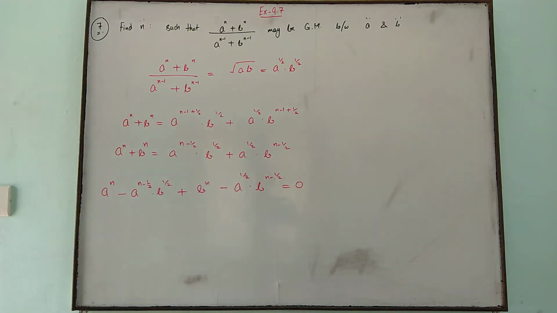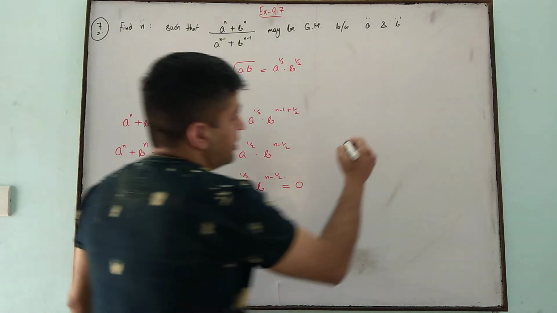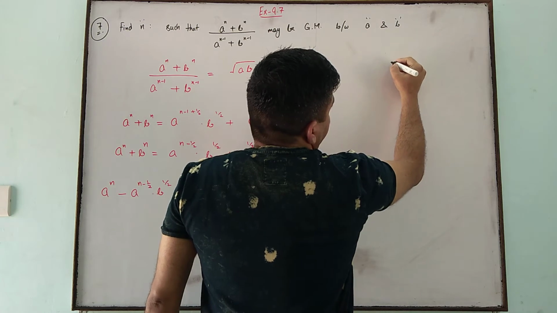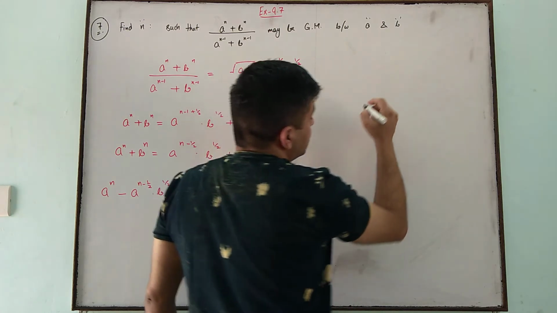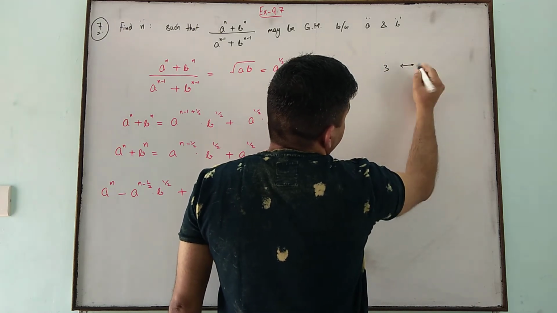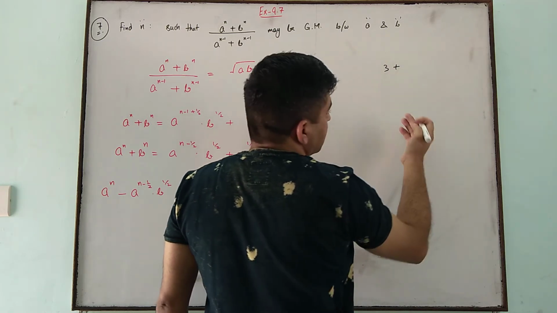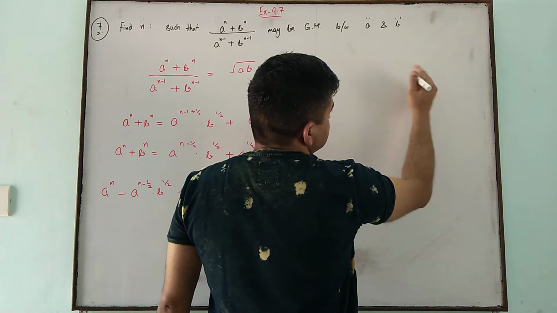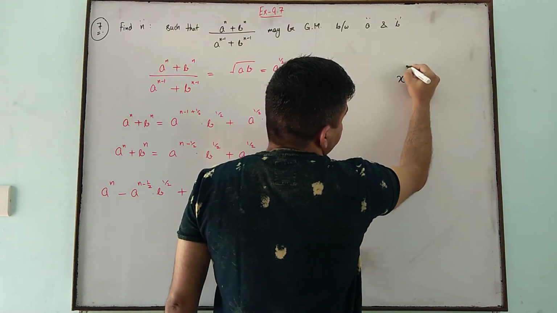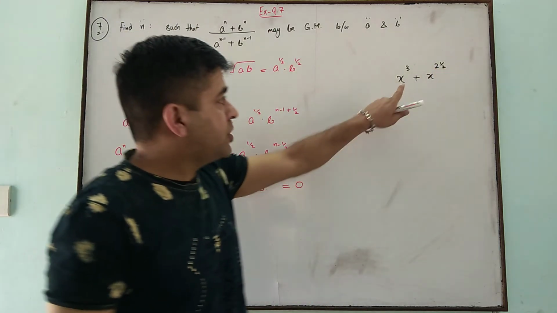Now you see, out of these two, a^(n-1/2)... see, suppose we have three numbers and we have x to the power 3 and x to the power 2 and a half.